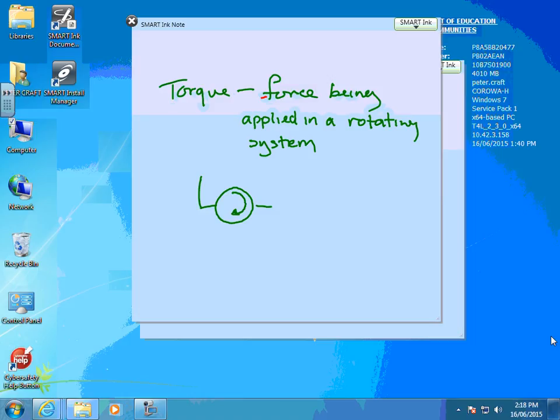One area you see torque working is if you have a wheel nut that's stuck, and you use a normal spanner, you may not be able to apply enough force through that distance to get enough torque on it to turn the nut. So you get an extension bar on the end of your wheel nut and pull down on it.